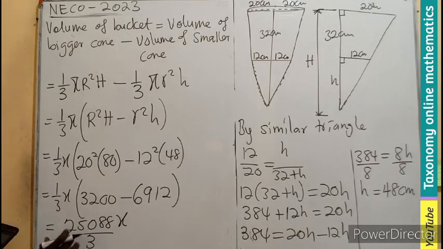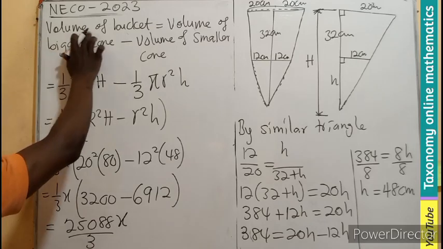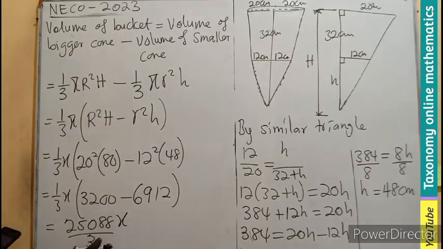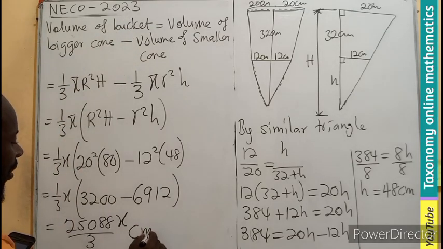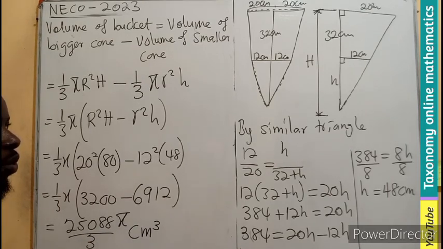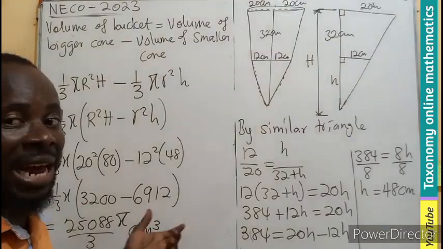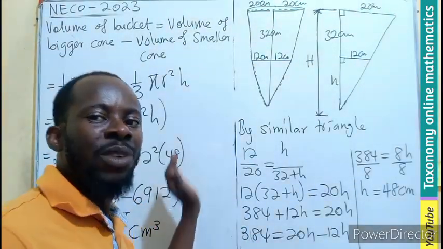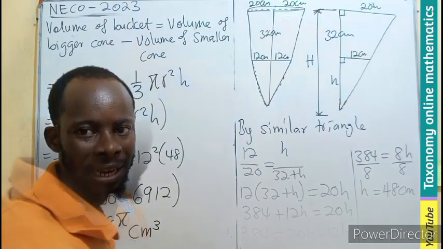So this is going to be the volume of the bucket, in cubic centimeters. I'm maintaining the pi in the calculation because we are not at the end of our calculation. We are still going to find the depth of water when it has been transferred into the cylinder.